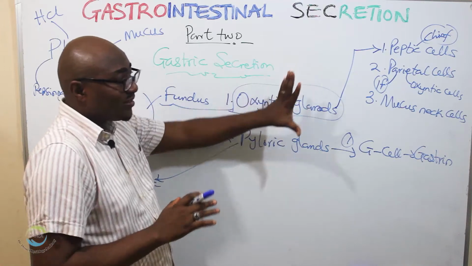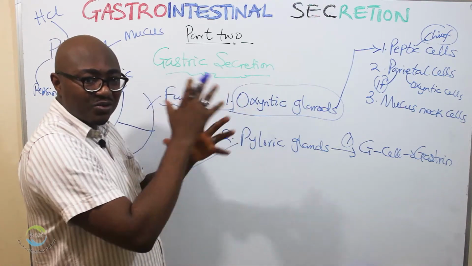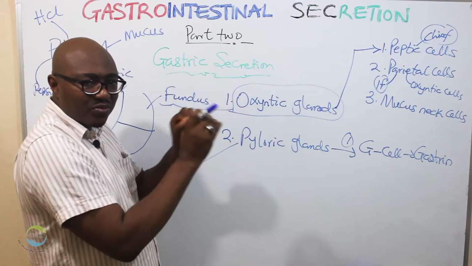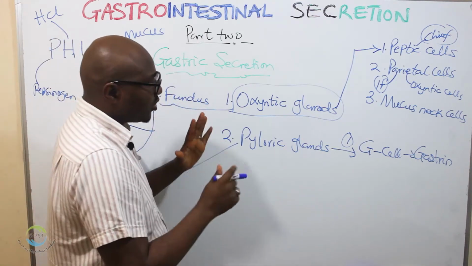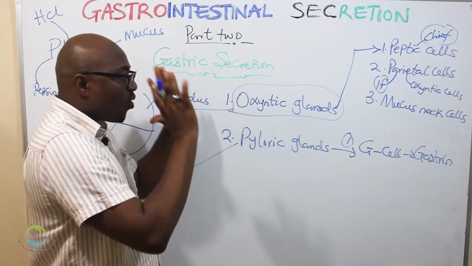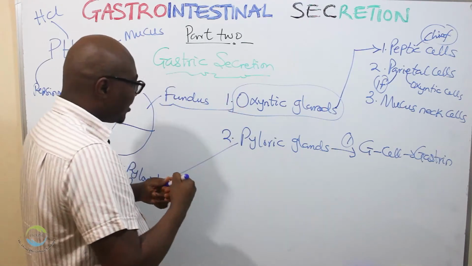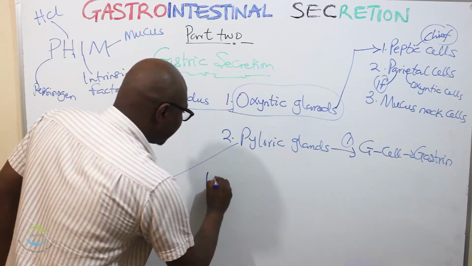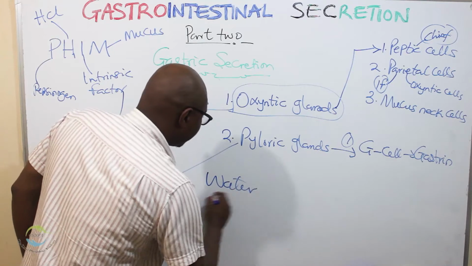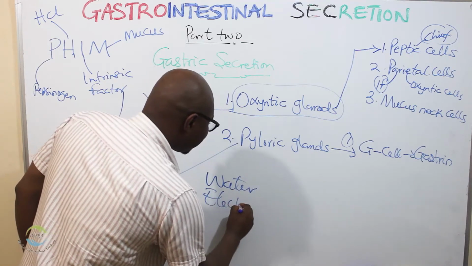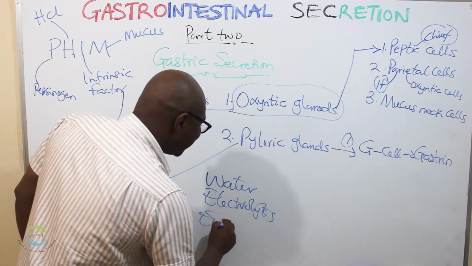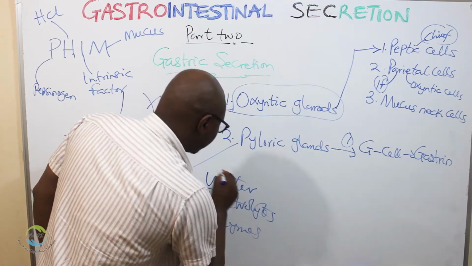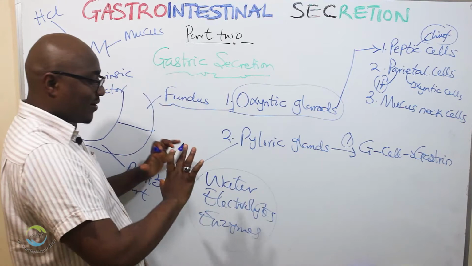Most of what all these cells do is digestion and some other functions. Like we said, all GI secretions contain mostly water, electrolytes, and enzymes. That's 3 basic things.